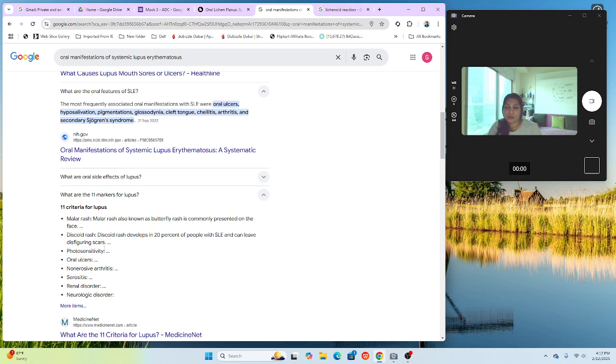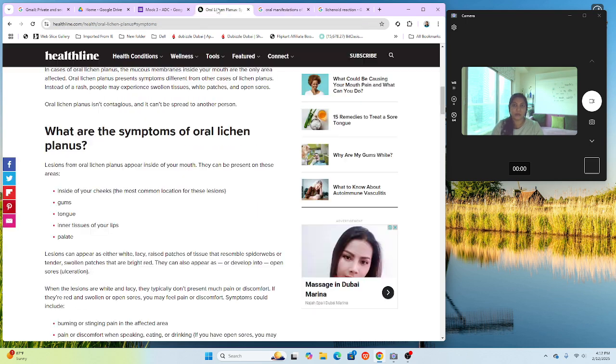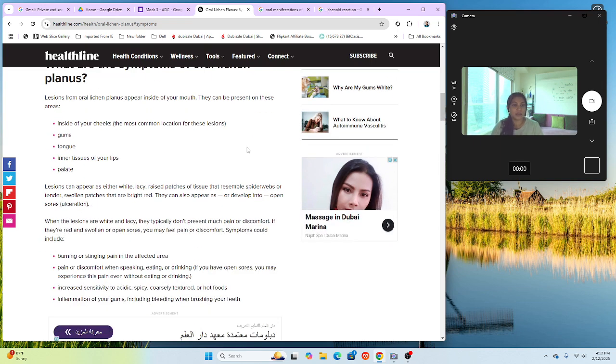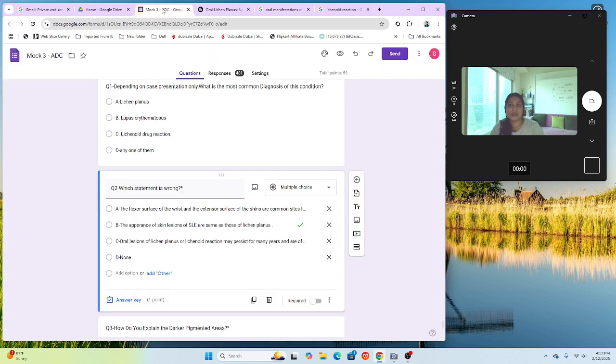Also, photosensitivity is one thing which is associated with SLE and not lichen planus. So we'll go to lichen planus, and if you read about the symptoms of oral lichen planus and the skin manifestation of it, they won't have the classic butterfly shaped lesion, understood, which SLE has. So the statement that the appearance of skin lesions of SLE are the same as those of lichen planus is wrong.